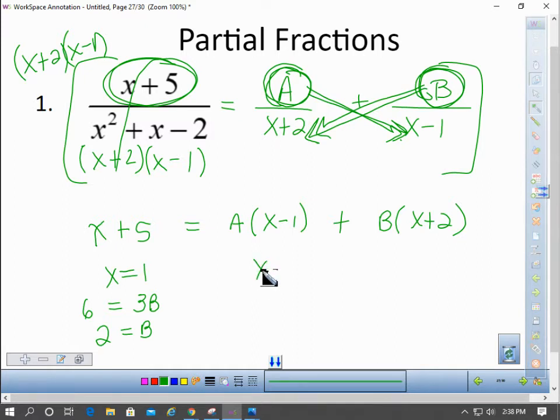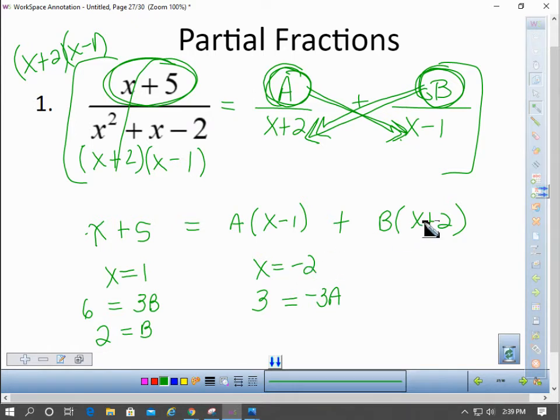Then I'm going to pick another x value that's going to be convenient. Over here, I'm going to get rid of the B term. So if we conveniently pick x to be -2, let's plug -2 into this equation. If I plug a -2 in here, I'm going to get 3. If I plug -2 in here, that's going to give me -3A.